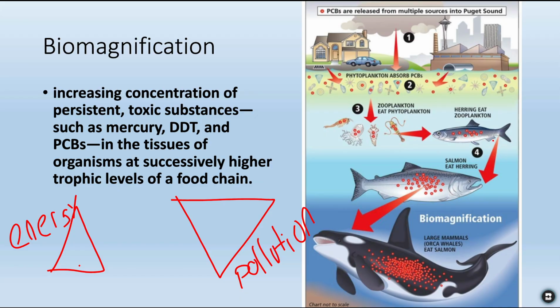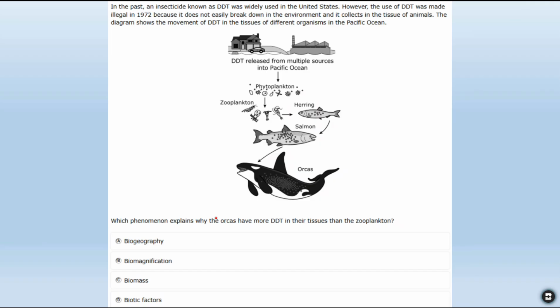The secondary consumers will eat some plankton, not a whole lot of them, but way more than the plankton ate because they get less energy. They need a little bit more. The salmon eat even more of these herrings because they're not getting a lot of energy from the herrings. And the killer whales, the orcas, these guys are eating a large amount of fish. So either bigger fish or just many more of them, thus making the pollution build up much heavier.